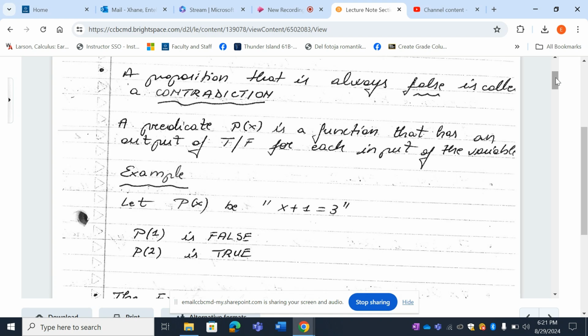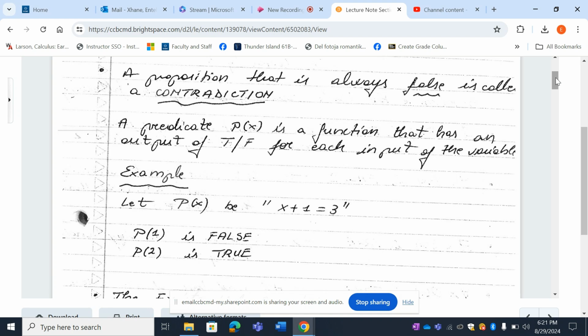So you're thinking your sample is entered as an input and then you're generating an output. So we look at the predicate P of x as a function that can generate something true or false for each input of the variable. So if our common variable is x, I'm going to call this input x.